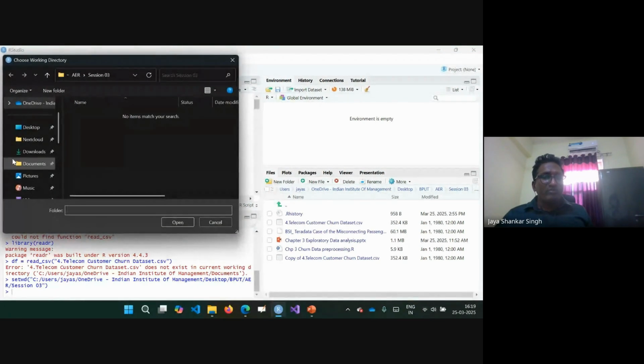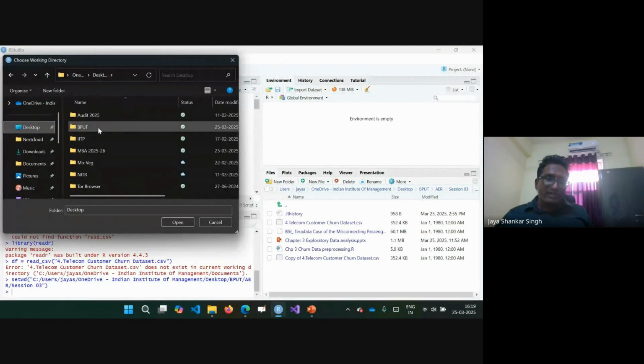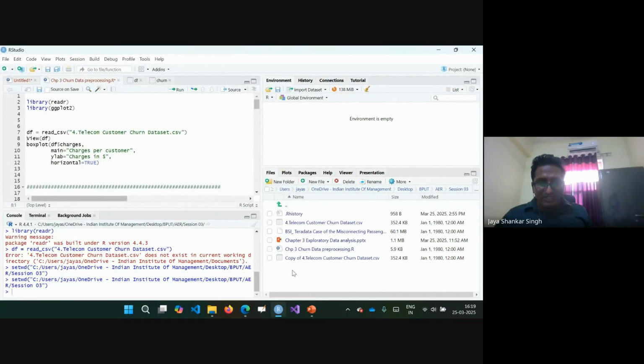Suppose you have downloaded the file, it is in the Download folder, so you can simply locate the Download folder. For me, it is on my desktop. So I located the folder, simply clicked Open. Now I can see the folder data here in the fourth window.